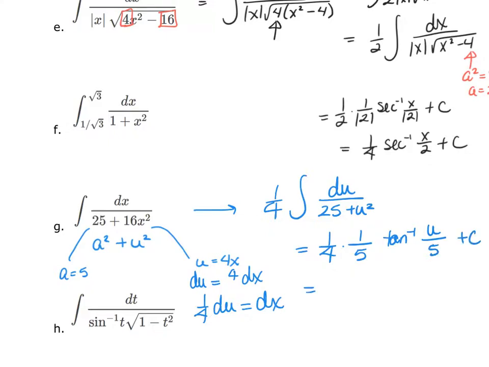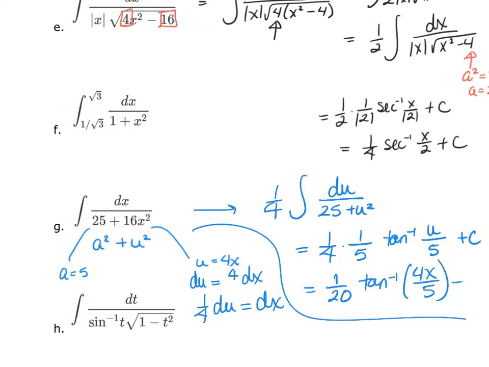But remember, we are not using u. We have to go back and back substitute. So it's 1 over 20 times the tangent inverse of u, which was 4x over 5, plus c.